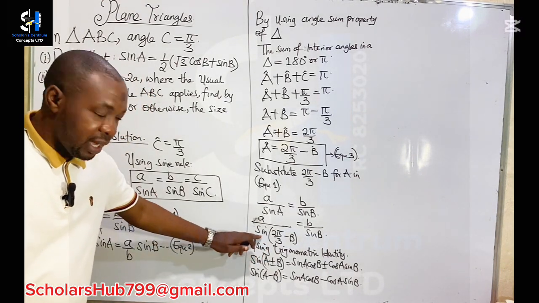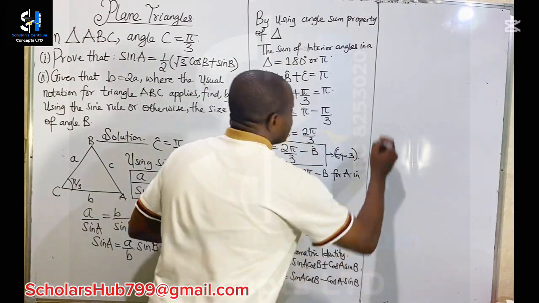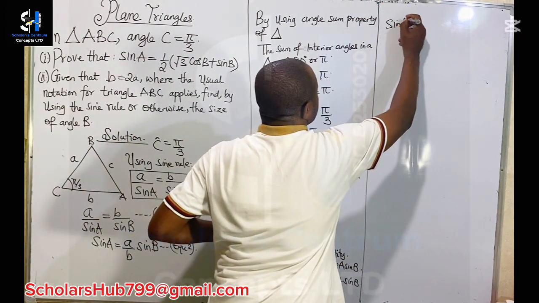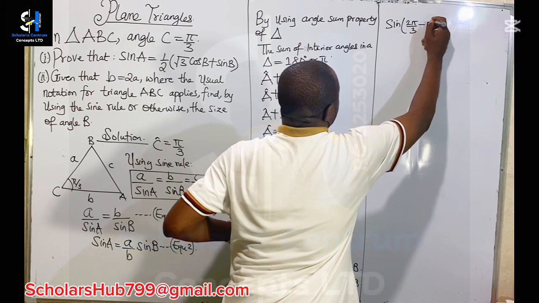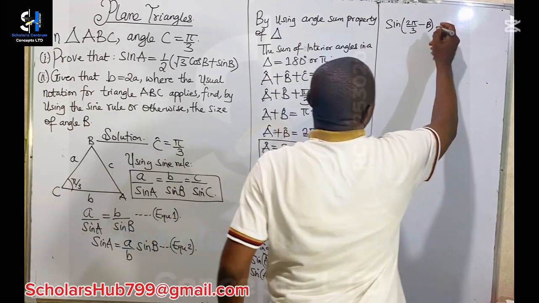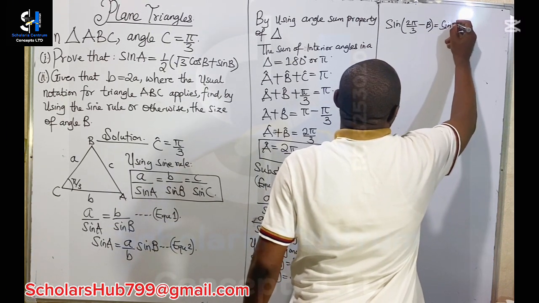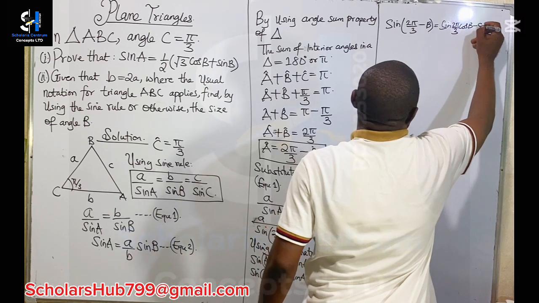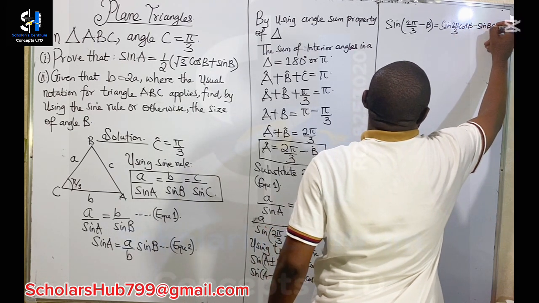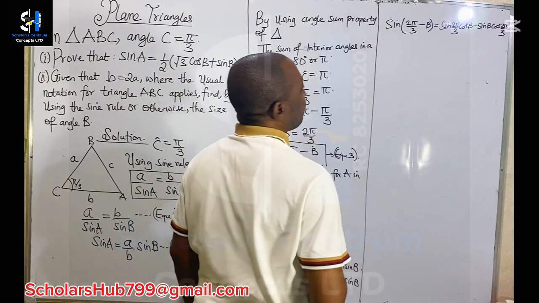So for sine of 2 pi over 3 minus B, the identity will be sine 2 pi over 3 cos B minus sine B cos 2 pi over 3.